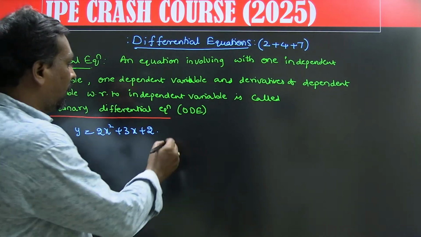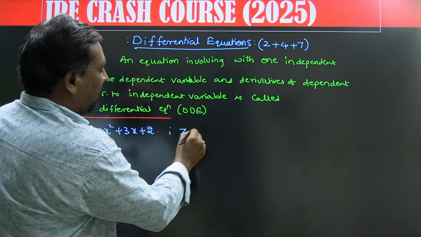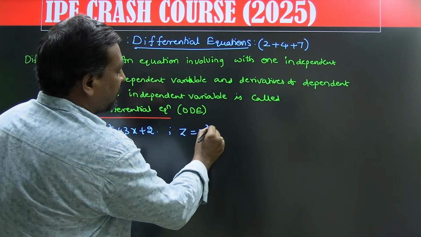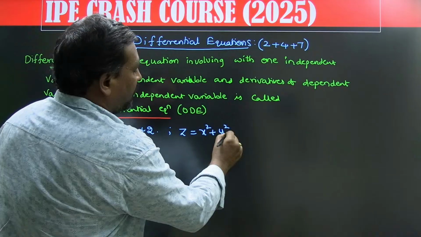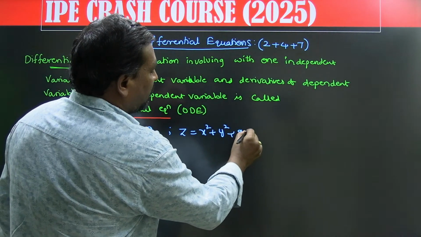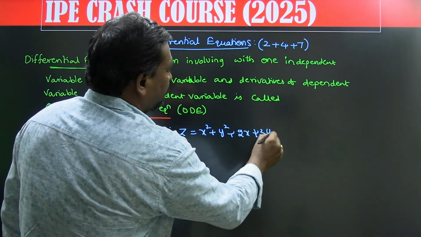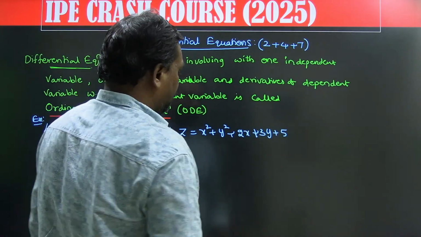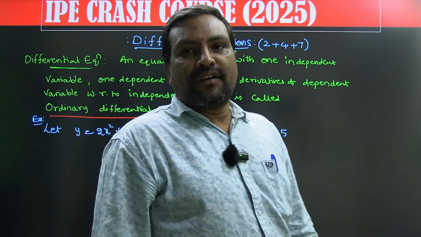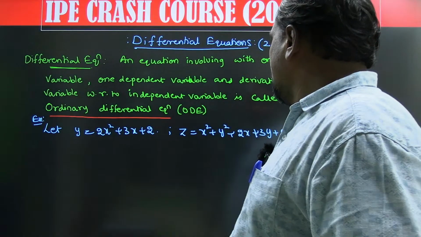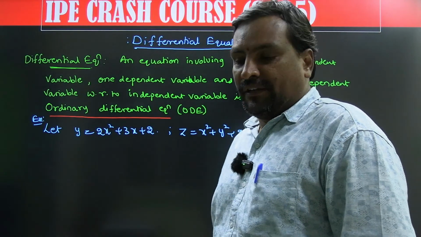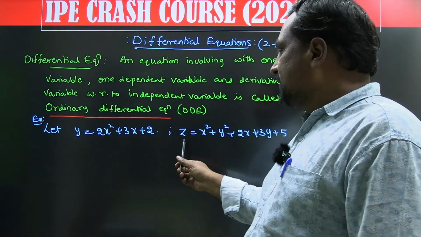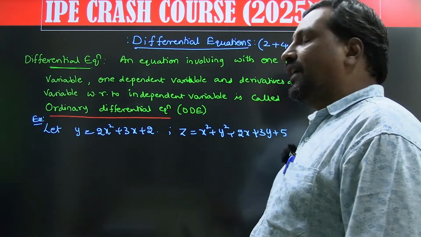We have another function, z is equals to x square plus y square plus 2x plus 3y plus 5. Now z is depending on both x and y values.